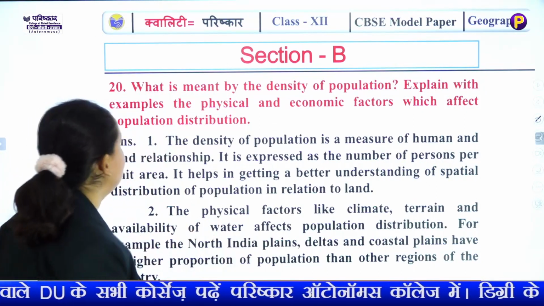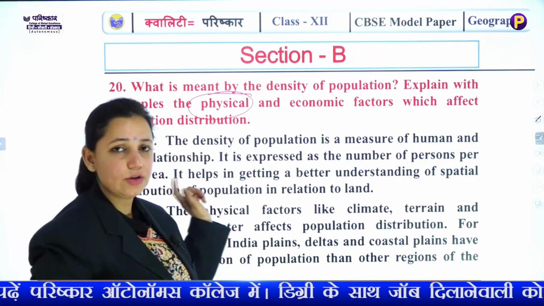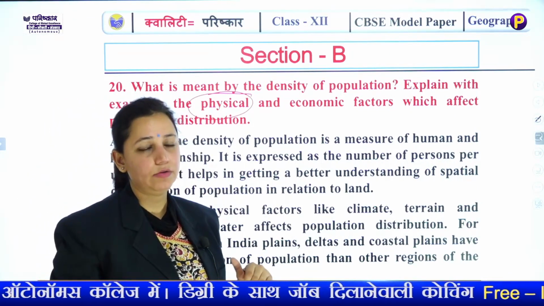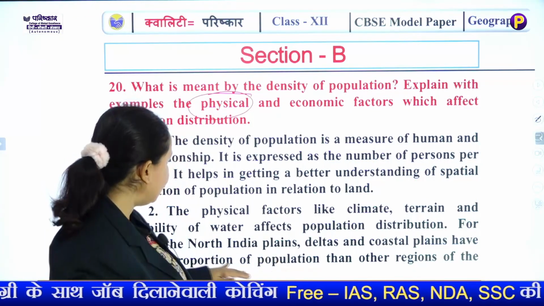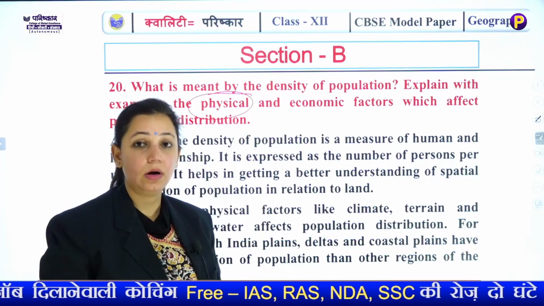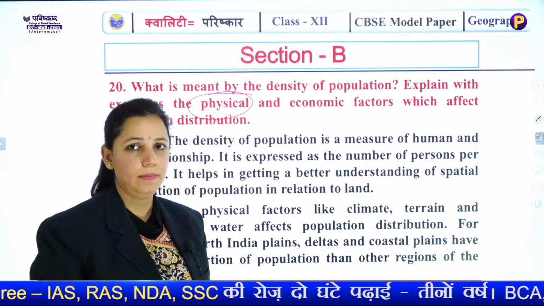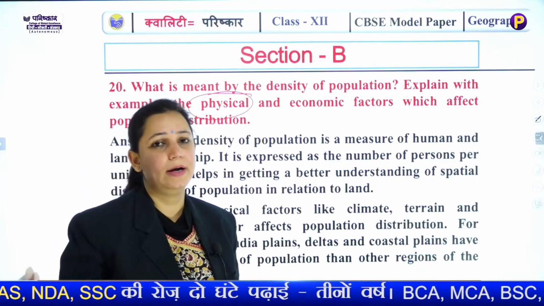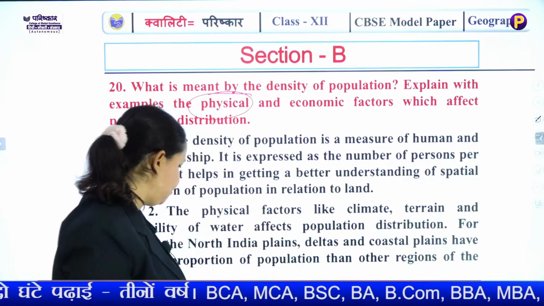Here we are giving the answer to this aspect of the question, an example of the physical factors which affect population distribution. As we all know, plain areas and areas which have favorable climatic conditions have a better population density as compared to the areas which have harsh climate, right?